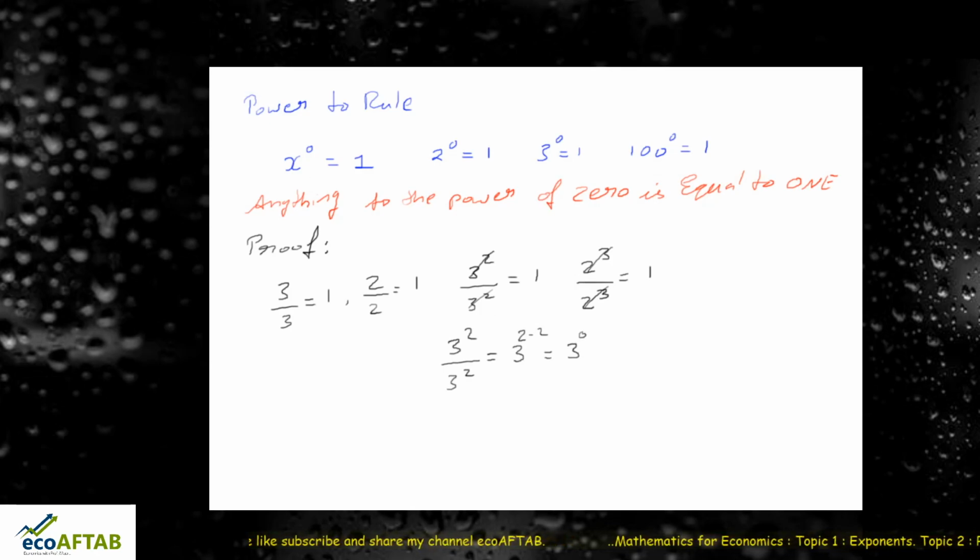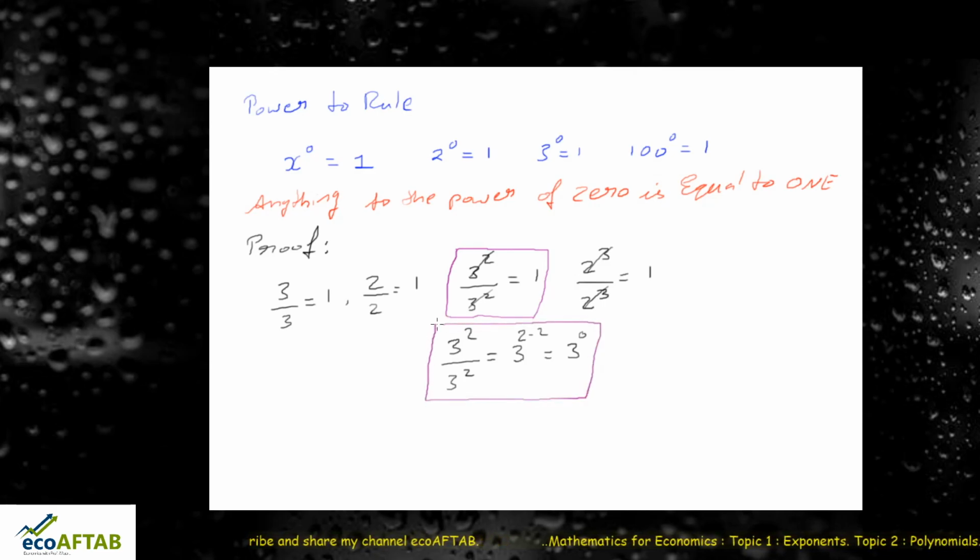So in this case, 3 square upon 3 square is equal to 1, and also equal to 3 raised to 0. That is the reason 3 raised to 0 is equal to 1. As I told you all, here 3 raised to 0 is equal to 1. This is the power rule.